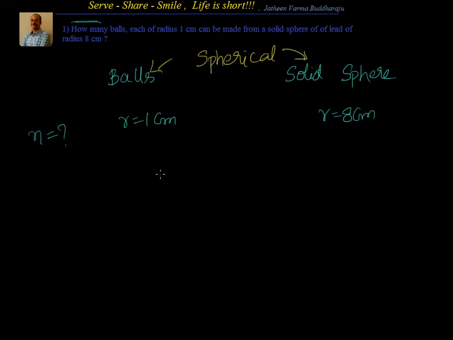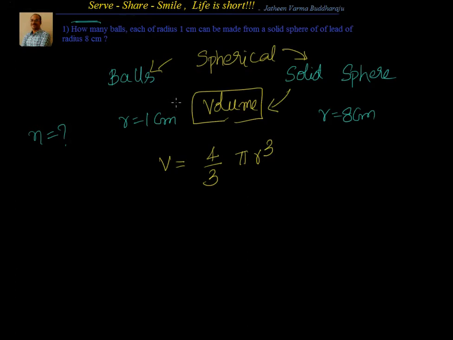So we know the formula for volume of a sphere. Volume of a sphere is given by 4 by 3 into pi into r cube. And you know that volume is constant in both these cases. So the volume of the solid sphere is equal to the volume of n balls, n into the volume of each ball.